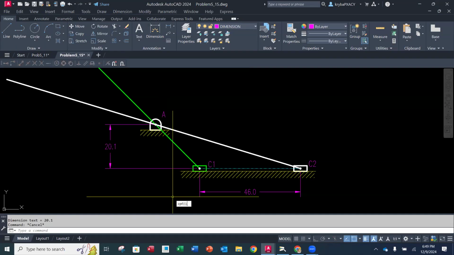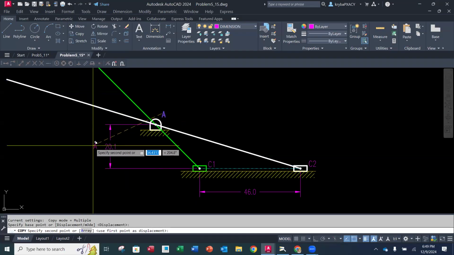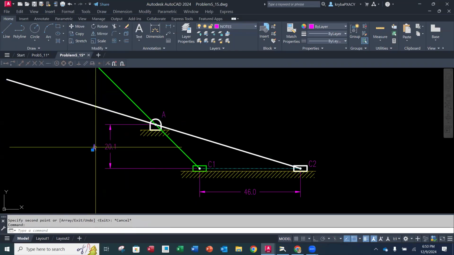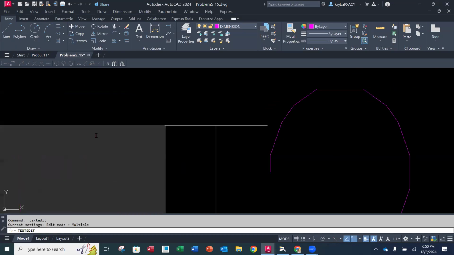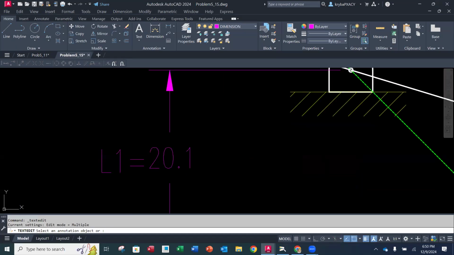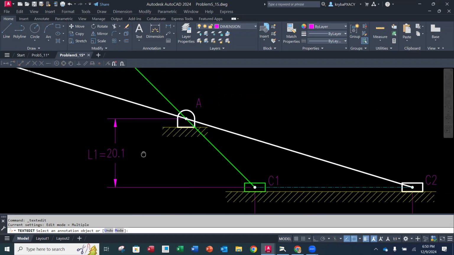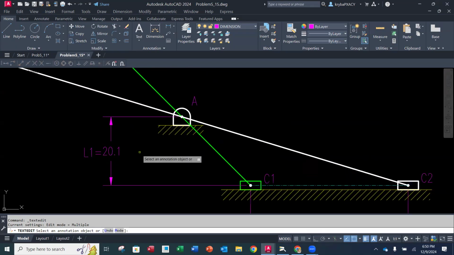So if I do a copy here, you do want to label this, because this is one of the things that you're using CAD for. That is the dimension that L1 is.